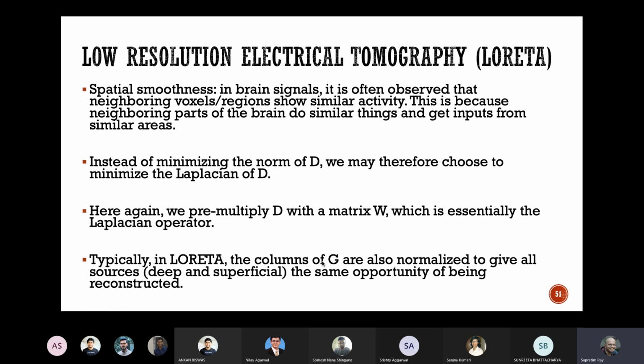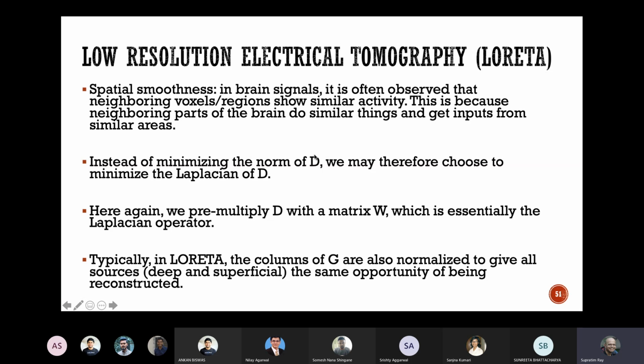And then there is this other assumption that is often used, that your sources are not very pinpointed. They are usually distributed, so that you don't see much of a difference between one part of the brain and its neighbor, because they get similar inputs from other areas and so on.